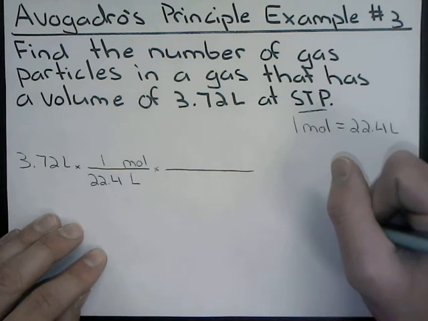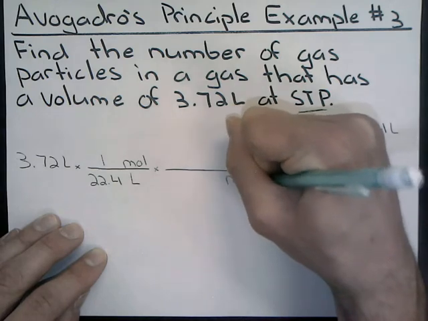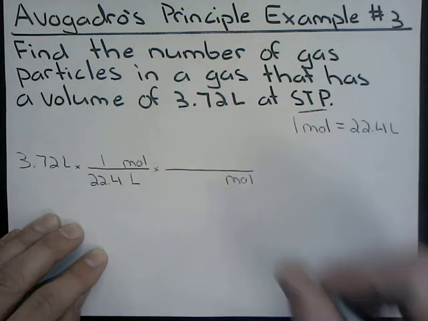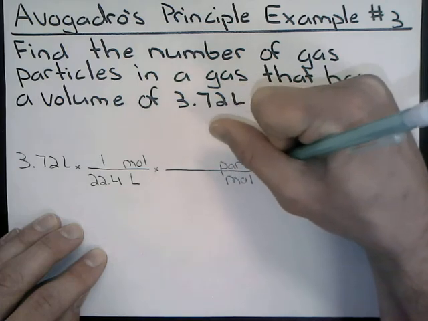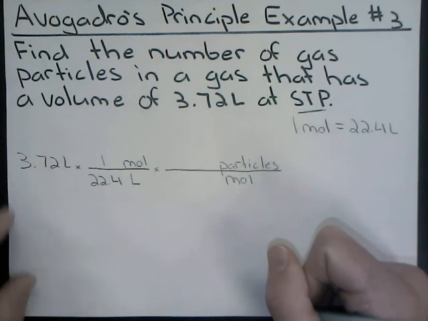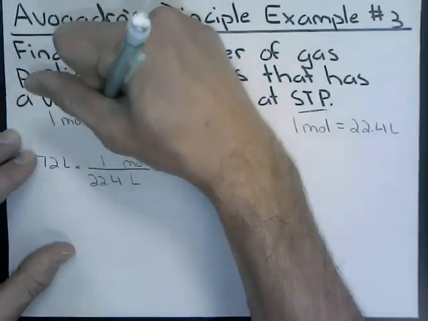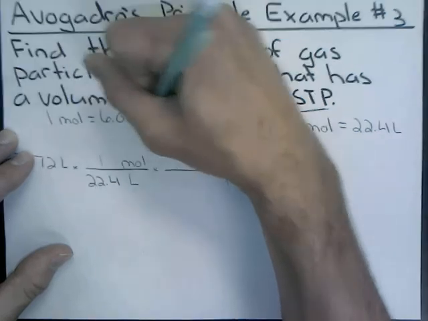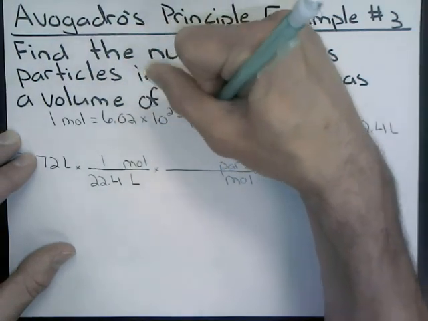And we have to think here, well, how would we do that? Well, the first thing we need to do is cancel out moles. And then since we want particles, we can put particles on top. Now this is reaching back to chapter 11 when we introduced the chemical mole. And remember, 1 mole is equal to 6.02 times 10 to the 23rd particles.